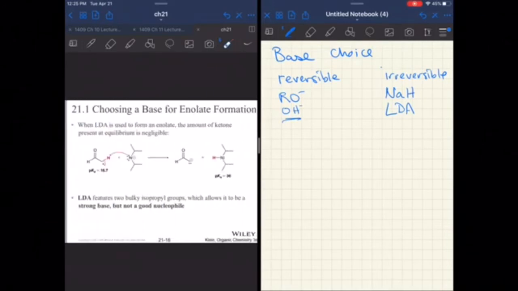And the pKa difference is the reason why this goes forward and there's no appreciable amount of reverse. So reversible, you're going to have that equilibrium. Irreversible is just going to be straightforward. It's going to be very important to have these separated in your mind because these two bases are going to be useful for different reactions.